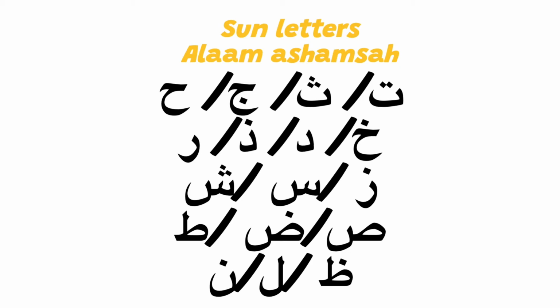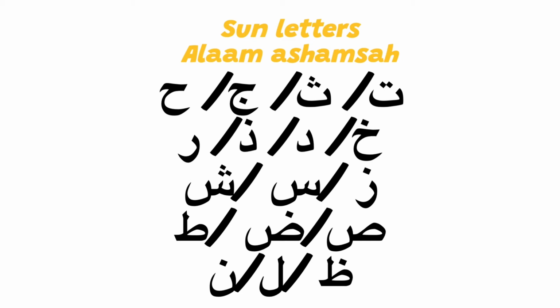So let's repeat them. تاء, ثاء, جيم, حاء, خاء, دال, ذال, راء, زاي, سين, شين, صاد, ضاد, طاء, ظاء, لام, نون. And those are the sun letters.